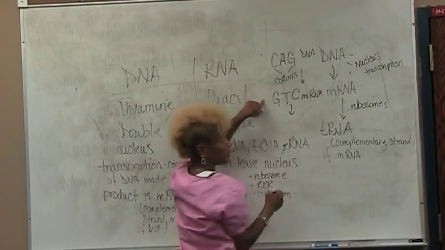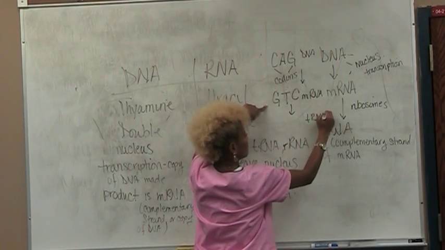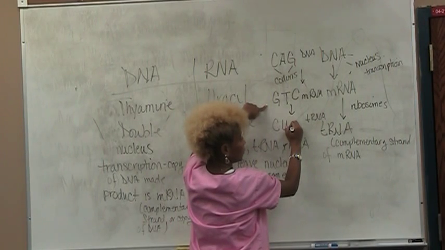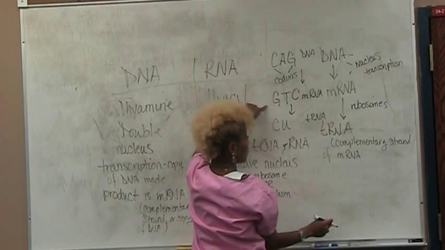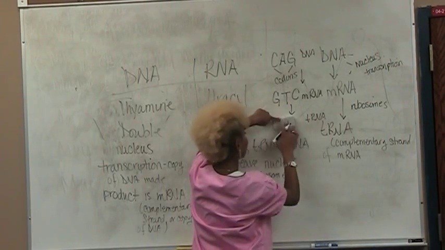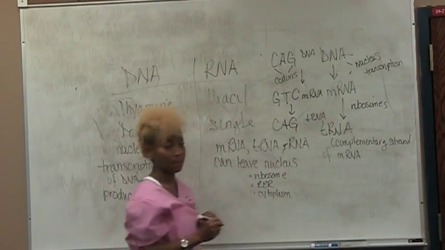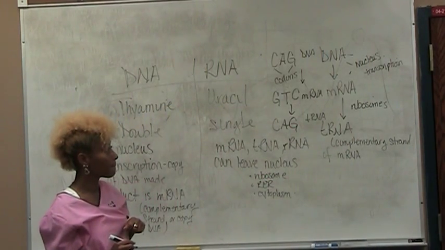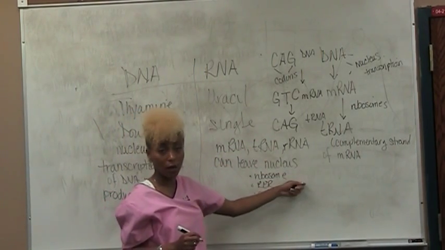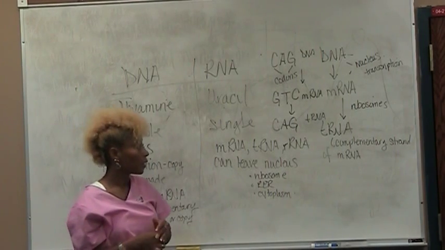I know you guys remember this, we're just reviewing. So then the complementary strand of tRNA would be C, U, G? Isn't it A? Yeah. Why is it A? Because T and U switch. So then they become GUC. All right.